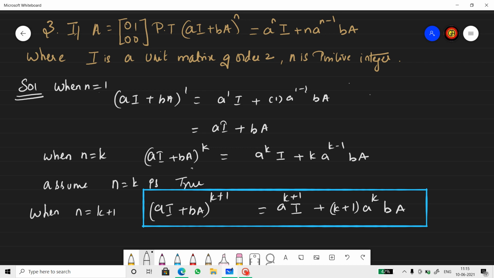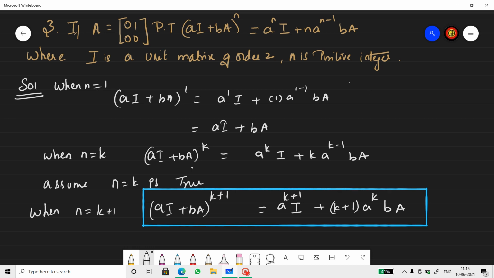Where n equals 1. So third question, A is 0, 1, 0, 0, and we need to prove this statement, which is (aI plus bA) to the power of n equals a to the power of n I plus n a to the power of n minus 1 bA. A is a matrix here as given in the previous questions. When n equals 1, the steps are very simple, isn't it?